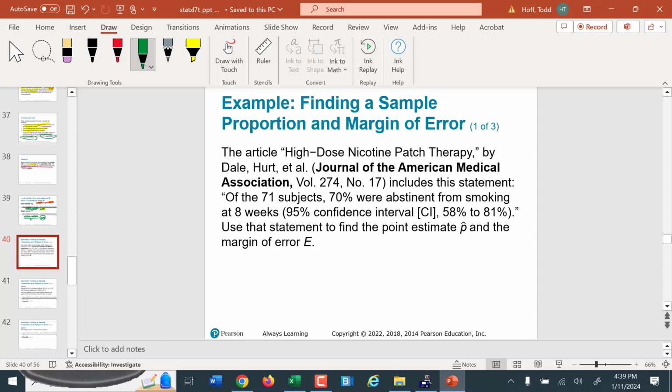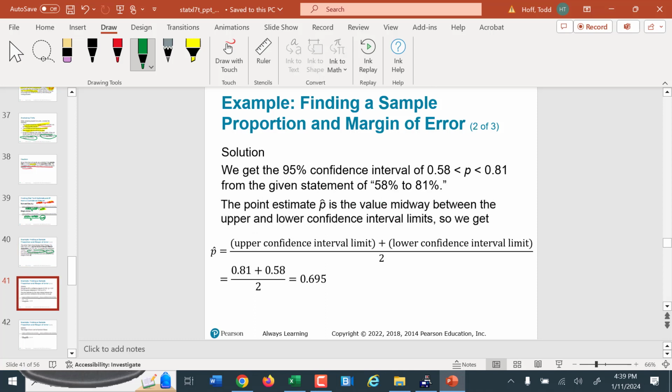Here's an example of where we're given a confidence interval. The 95% confidence interval is from 58% to 81%. If I want to find the actual point estimate, I would add those together. 0.81 plus 0.58 divided by 2 is 0.695.